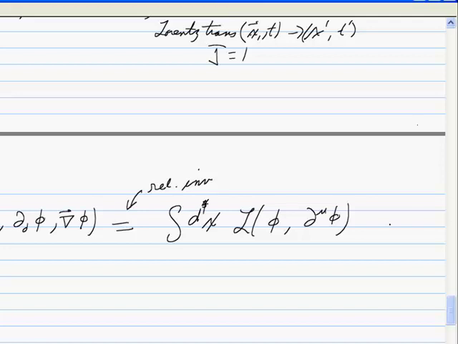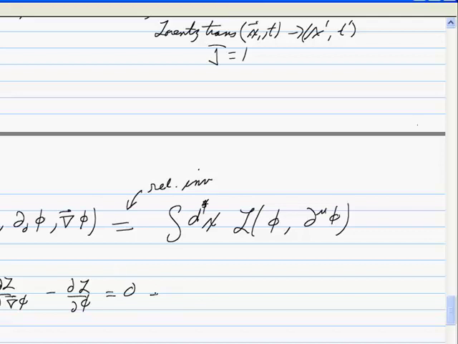Okay. The equations of motion that we wrote before: d by dt of dL d phi dot, plus del of dL d del phi, minus dL d phi, equaling 0.